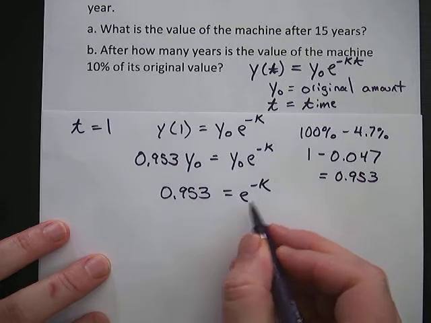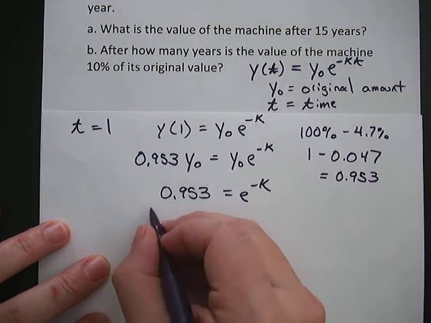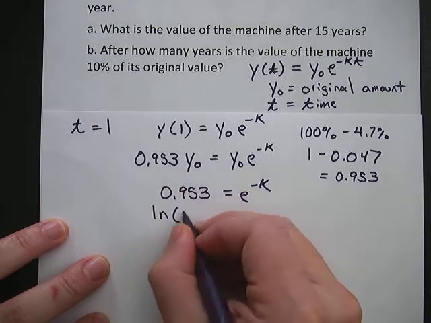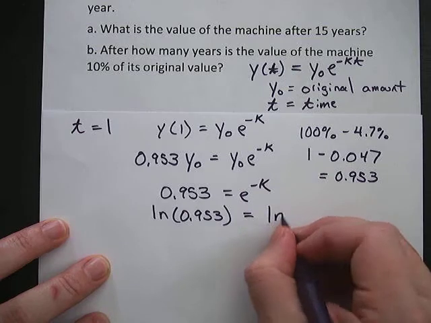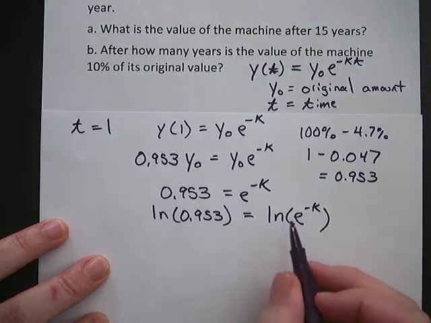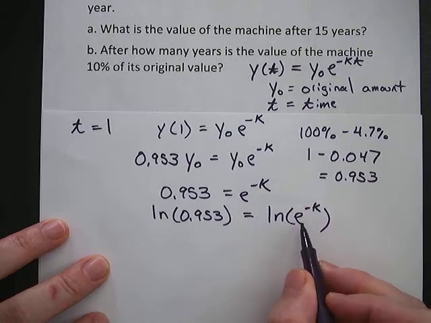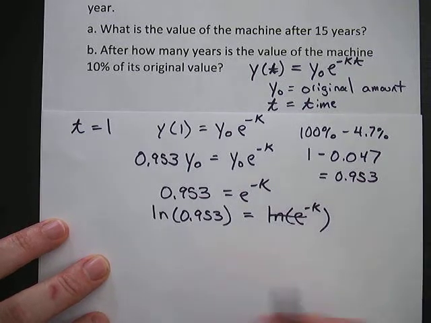Now, in order to get rid of the e, I need to apply a natural logarithm to both sides. ln of 0.953 equals ln of e to the negative k. What happens when you take the natural logarithm of the natural exponential function is that those two things cancel out, and you're left with negative k.